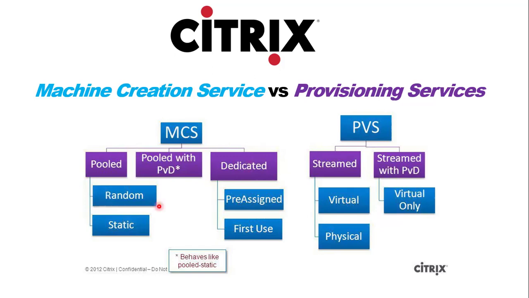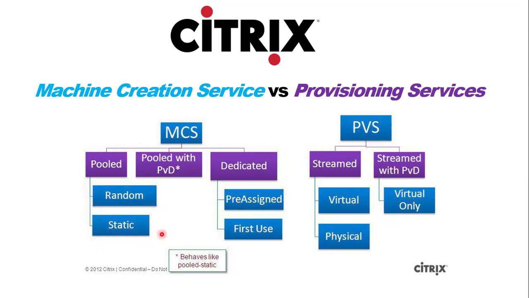Now if I talk about the pool, two pools are there, random and static. So what is a pool? You can consider it a group of virtual machines. For example, we have one pool for the developer team, and inside that pool we have 10 virtual machines which need to be published to the developer team.